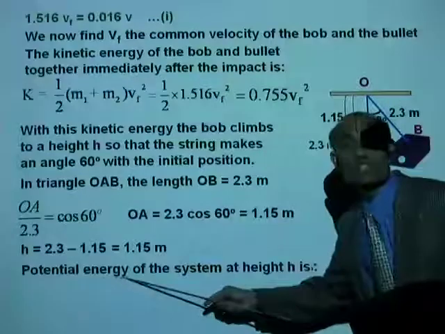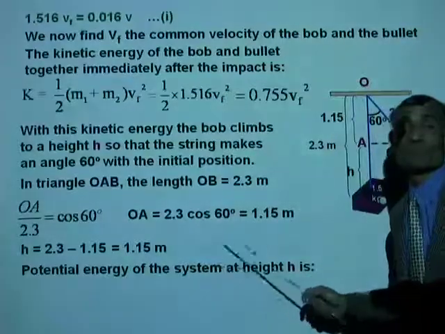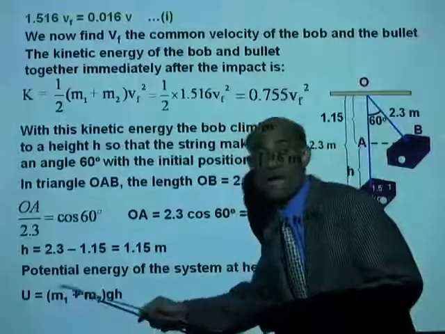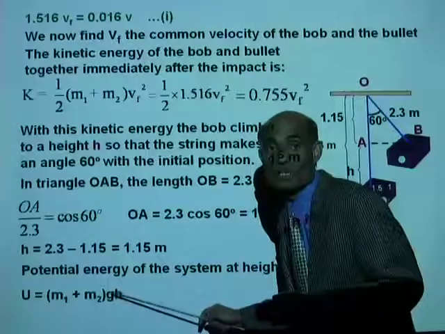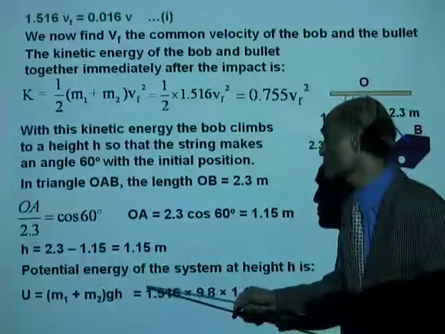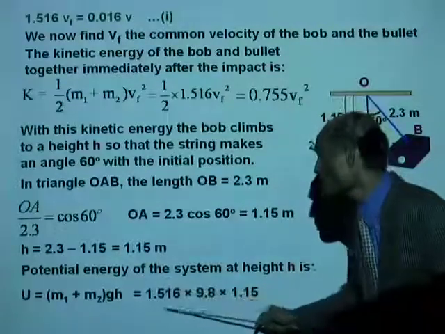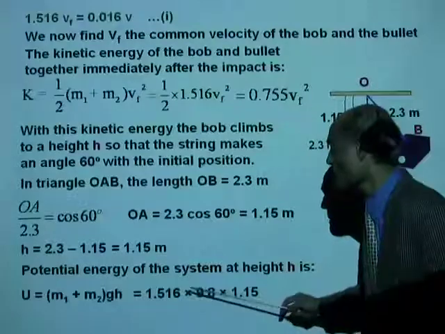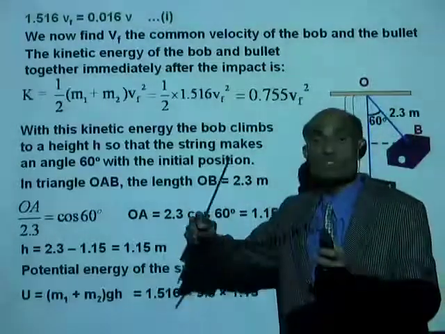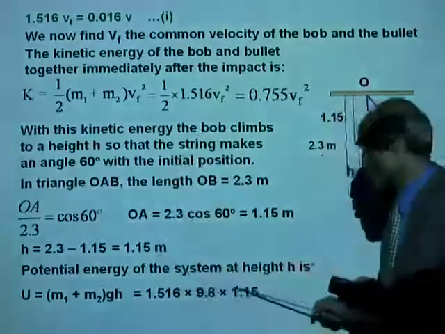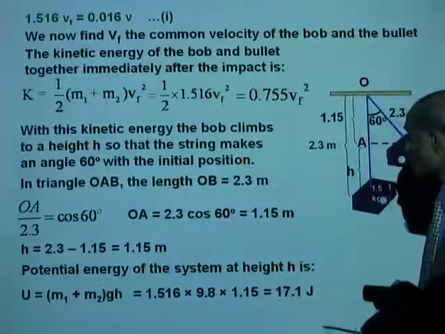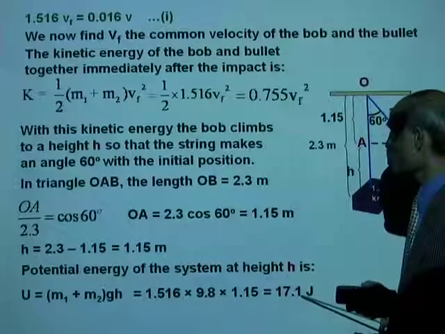What is the potential energy of the system? The potential energy of the system is the total mass (m1 plus m2) times g times h, and that is 1.516 kilogram, the total mass, times g times h, the height to which the system rises, 1.15 meter. That is 17.1 joules.